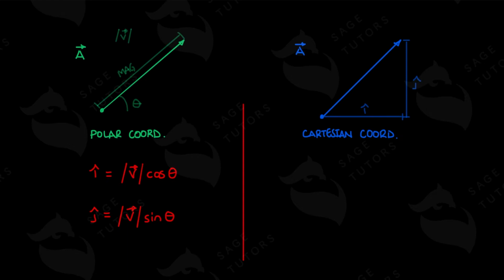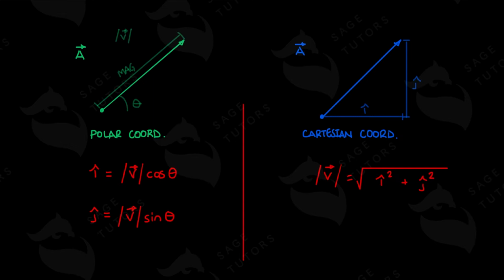Likewise, we can represent the vector from Cartesian coordinates in polar coordinates. We can obtain the magnitude and direction through the I component and the J component. For example, if you want the magnitude of the vector, you would use the Pythagorean theorem: the horizontal component squared plus the vertical component squared.